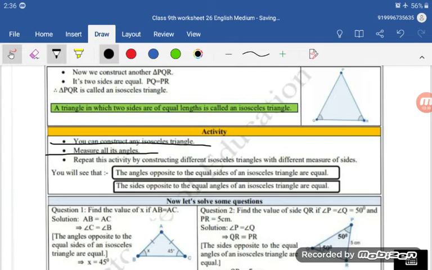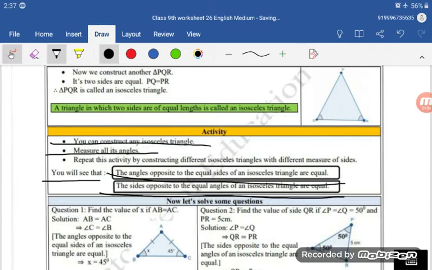When you draw an isosceles triangle of any measurement and measure the angles of this triangle, you can find out that the angles opposite to the equal sides of the triangle are equal.